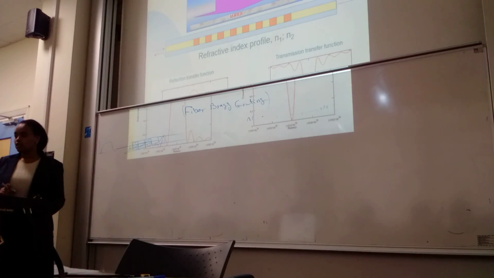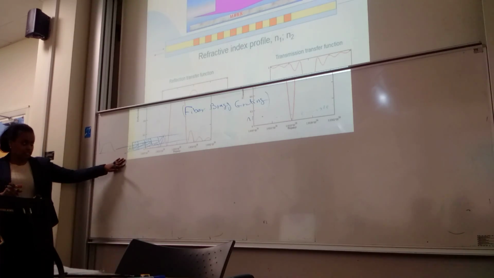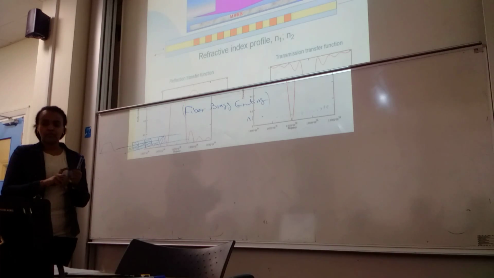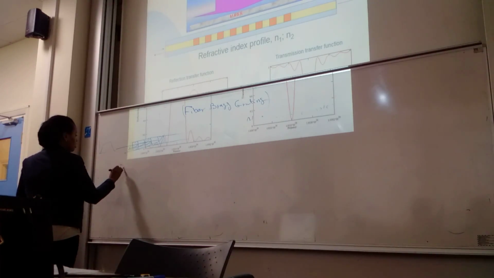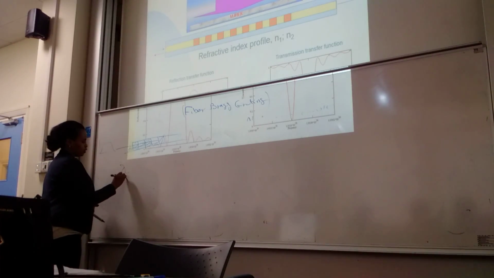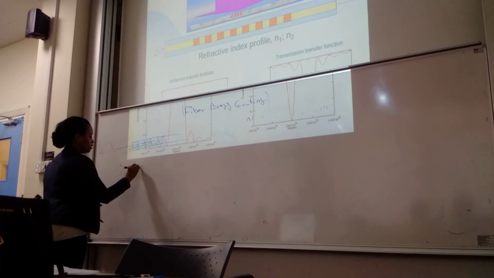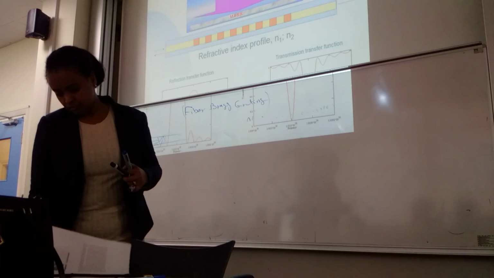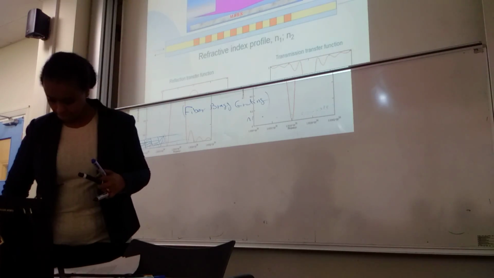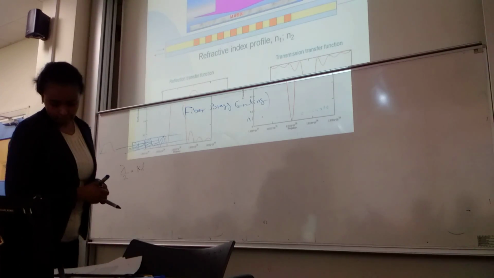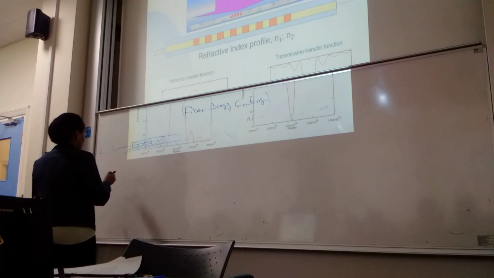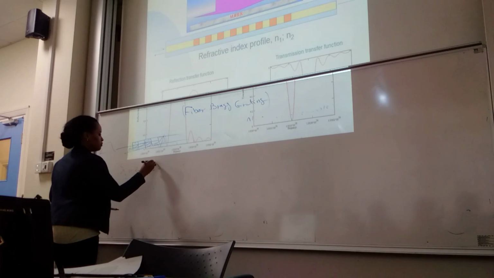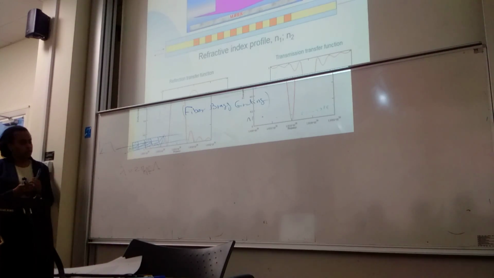The reflected part, or the wavelength that will be reflected, is the one that meets the condition that lambda over 2 is equal to the formula.